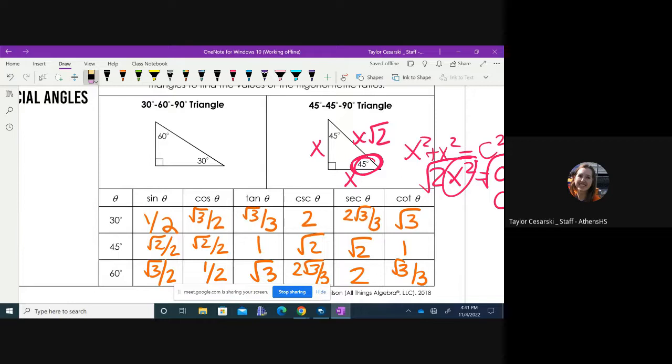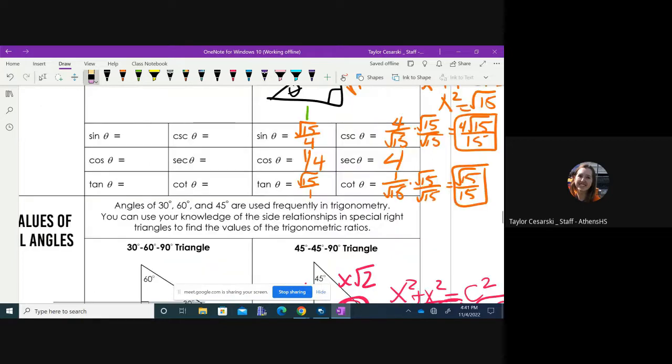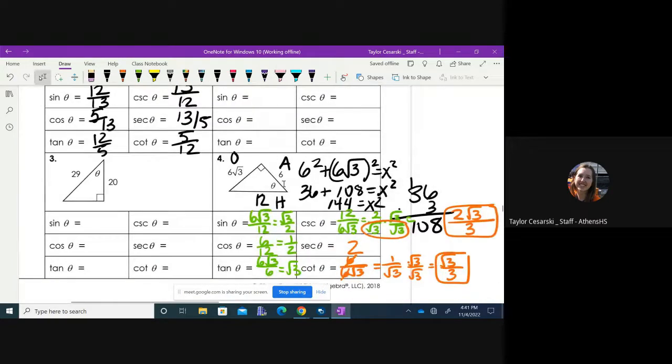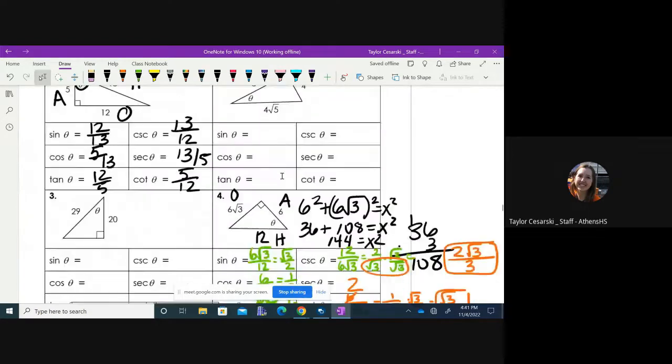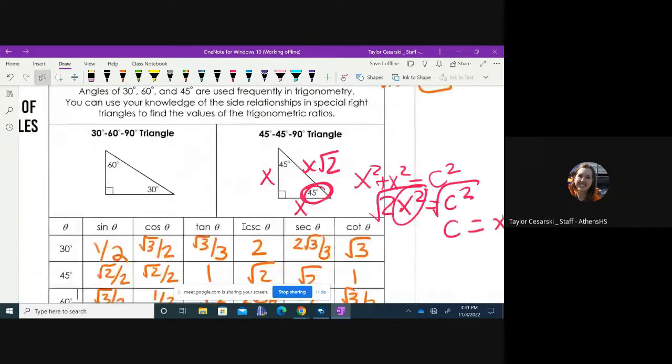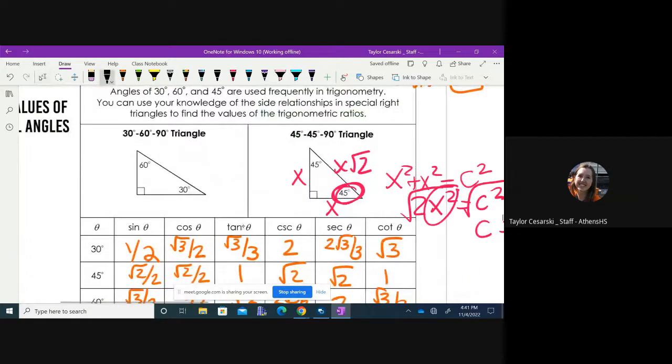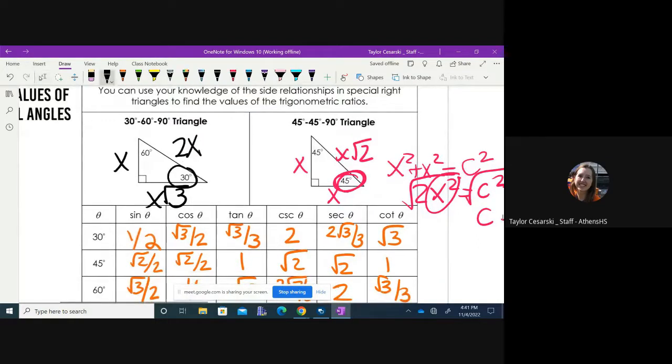You heard me mention back here that this was a 30, 60, 90 triangle. So the short leg, which is right here, is always x, which is across from whatever your 30-degree angle is. And then the other leg is x square root 3, and then this one is 2x, okay? So let's again look at one of these for 30 degrees.